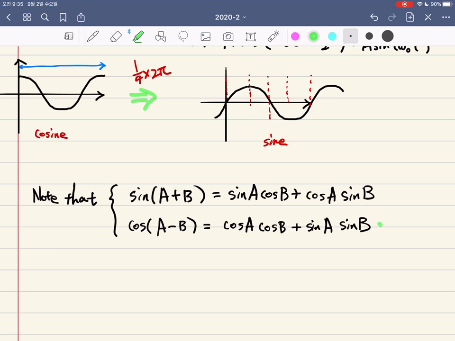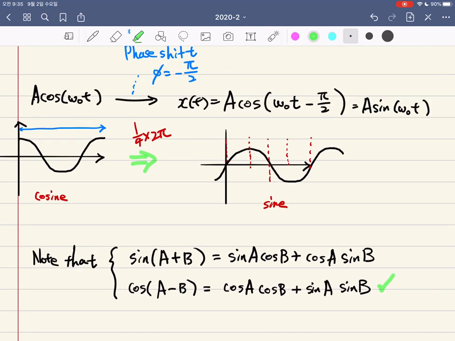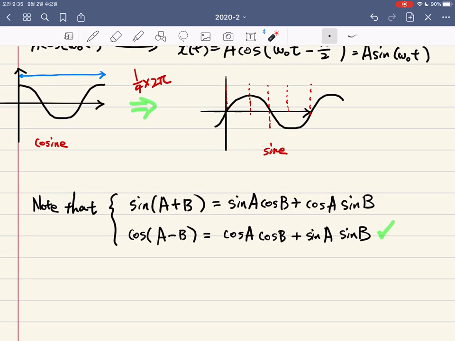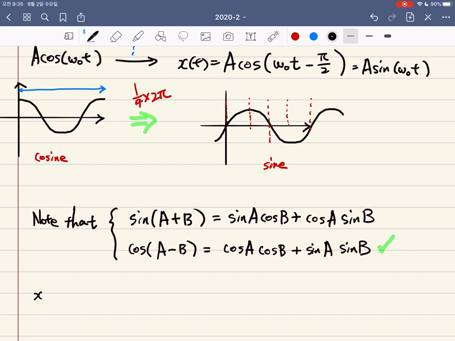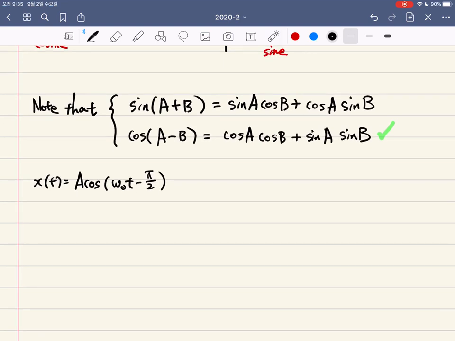And I will use the second equation here with the result of the phase shift. Then what do we have as A, the omega 0 t, and B as plus pi over 2? Is it correct?